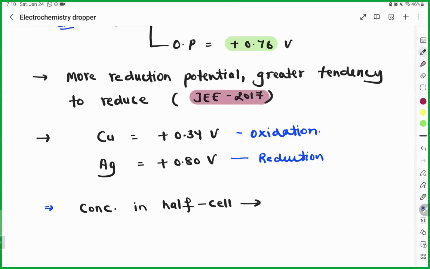It will be unity, 1. That's why you will see they write zinc, 1 molar. What is the meaning? Molarity is 1, concentration is 1.